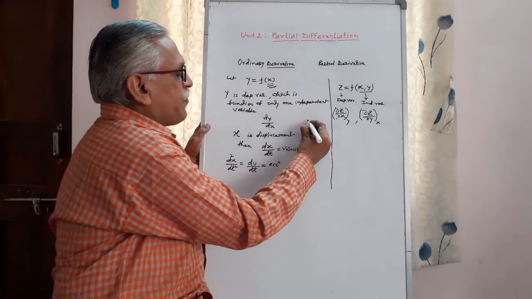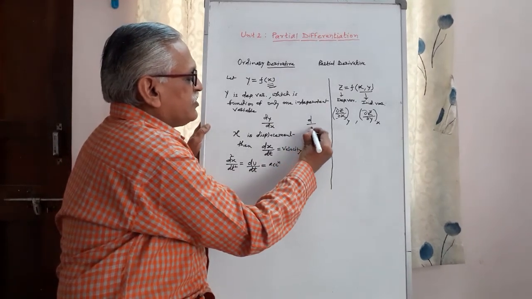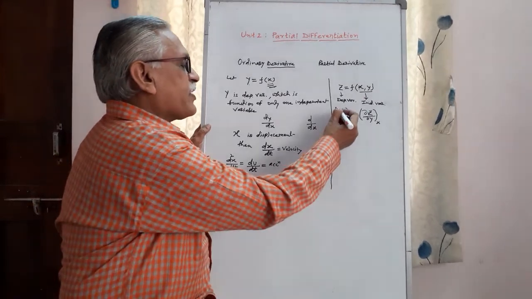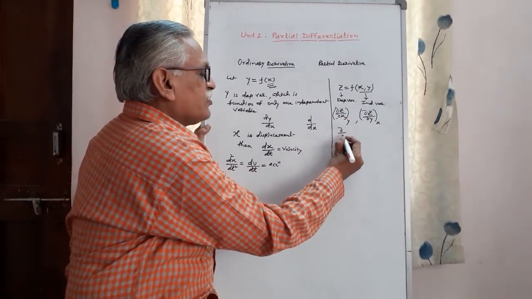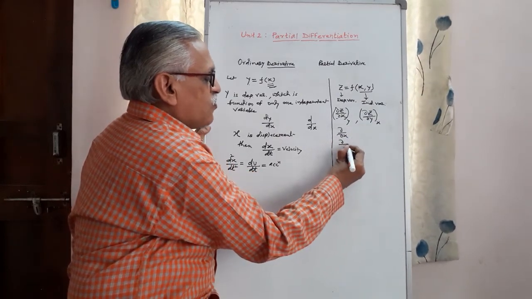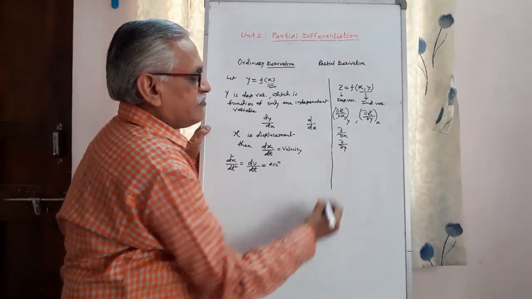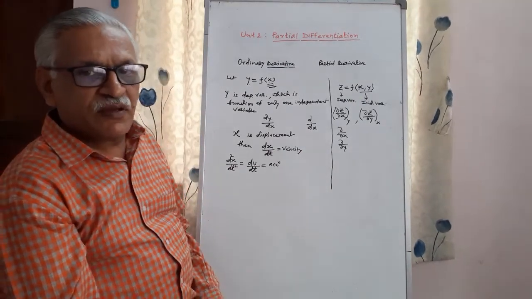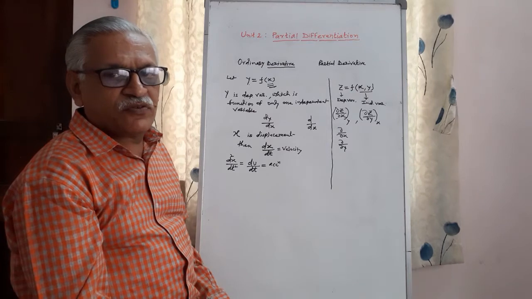The operator for ordinary derivative is d by dx, and the operator for partial derivative is dou by dou x, or here it is dou by dou y. Therefore, this is the basic difference between these two types of derivative.